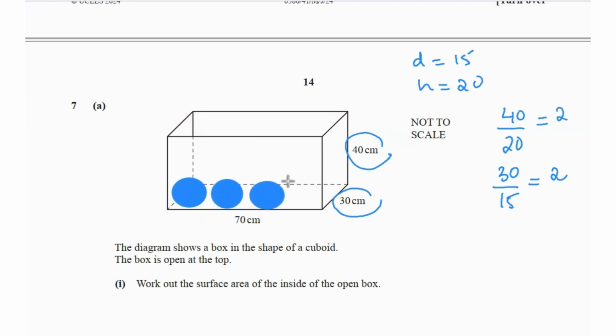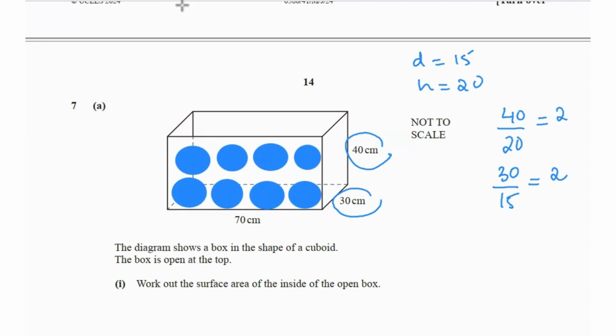So we put 4 over here and then another 4 over here. This is the maximum number of cylinders that we can put, because 70 divided by 15 gives us 4.6 recurring. Obviously we can't put a decimal of a cylinder, so it's going to be 4 whole cylinders at the bottom and then 4 more at the top.